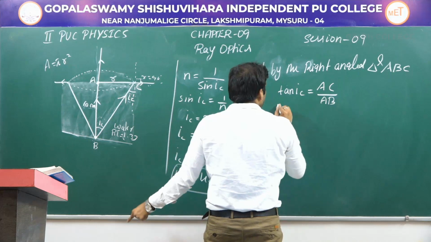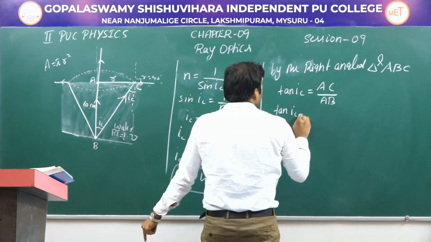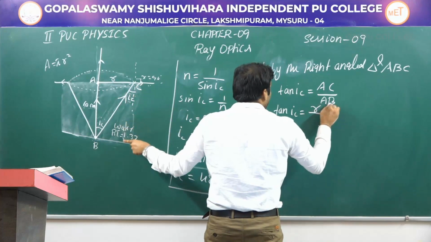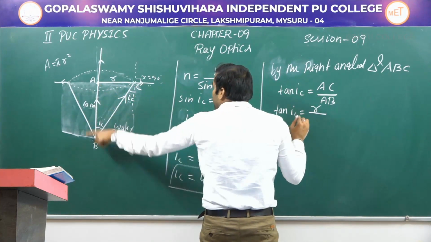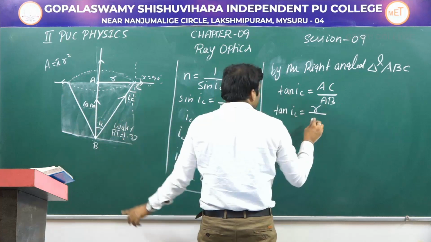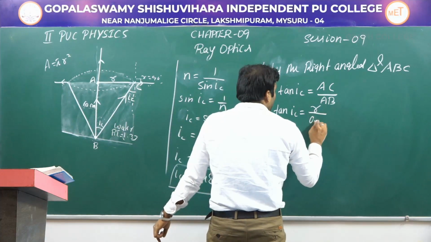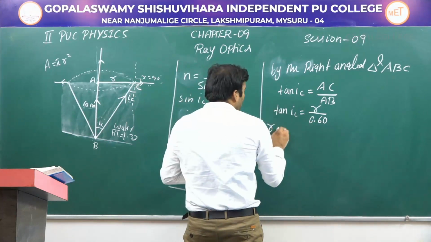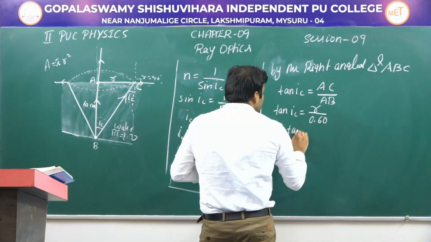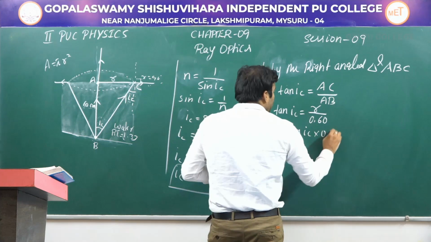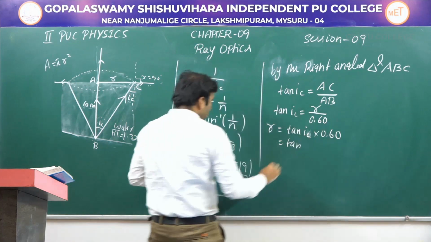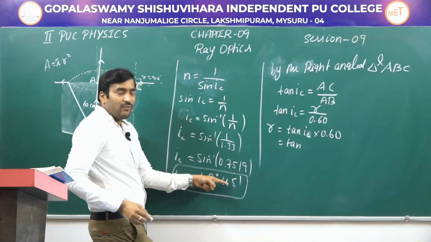Therefore, tan IC equals AC, which is nothing but radius R, divided by AB, which is nothing but the depth of that bulb, given as 60 centimeter. Let us substitute that as 0.60 meter, written in meter. Therefore, R is equal to tan IC into 0.60. I know that the value of IC is equal to 48 degree 45 minutes.